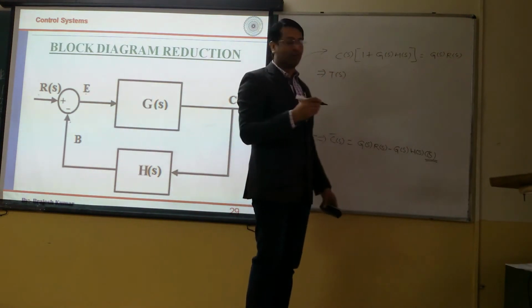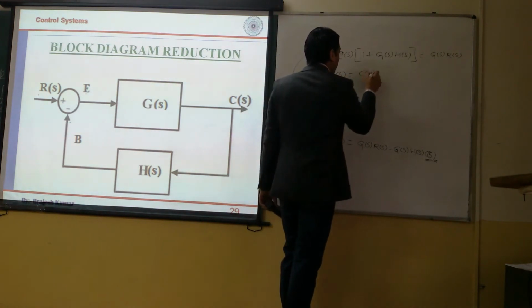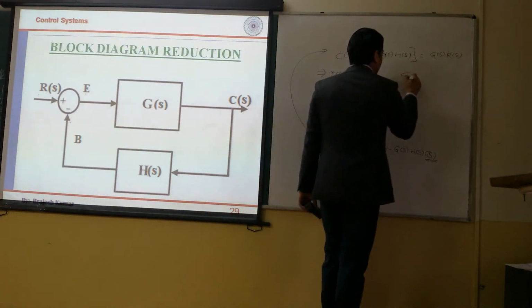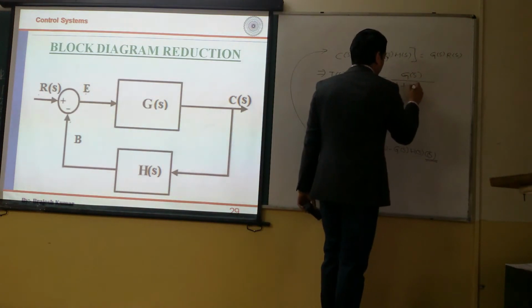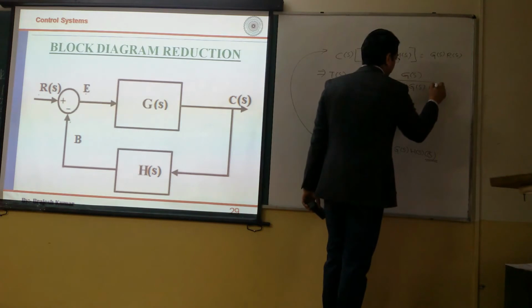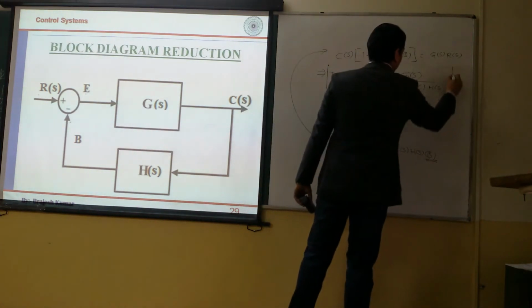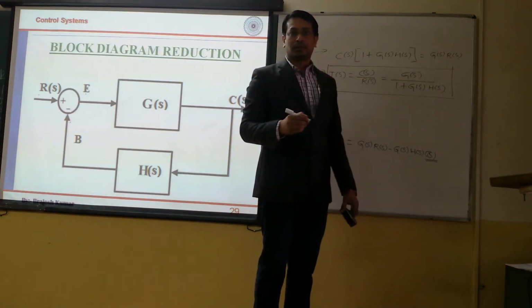And you know the total transfer function, say T(s), whatever it may be, will be equal to the Laplace transform of output divided by the Laplace transform of input. So what you will get? You will get G(s) divided by 1 plus G(s)H(s). Correct?